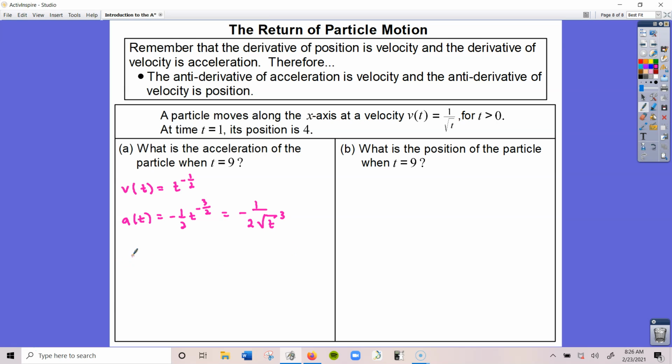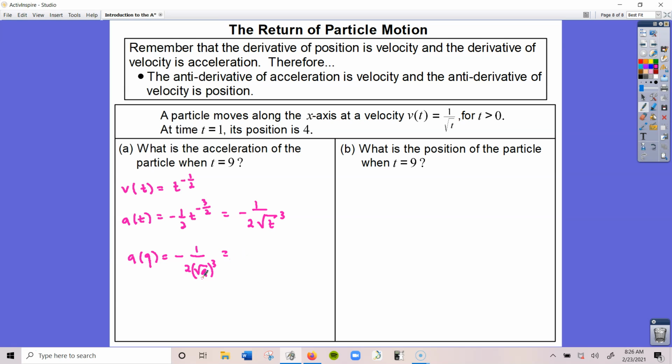So I am trying to find a of 9. That's a 9, and that's an a. Let's make this longer. There you go. A of 9 is going to be negative 1 over 2 times the square root of 9 cubed.